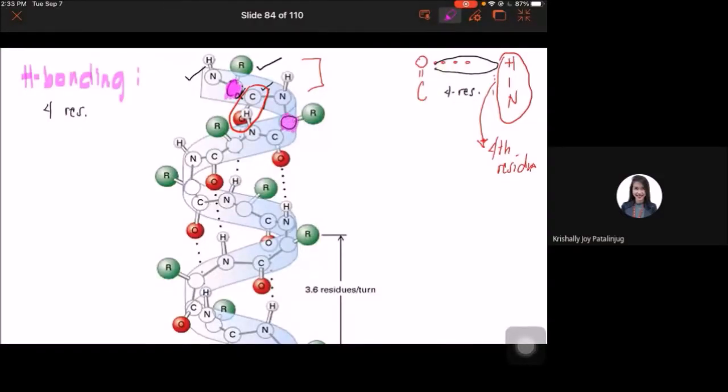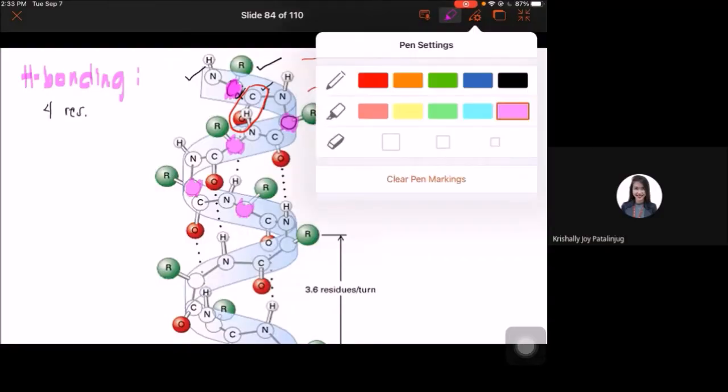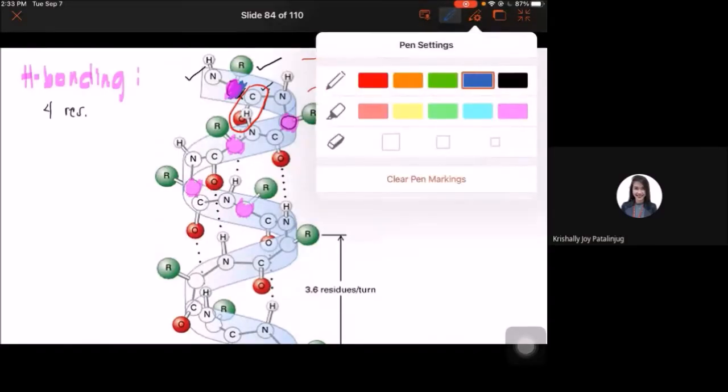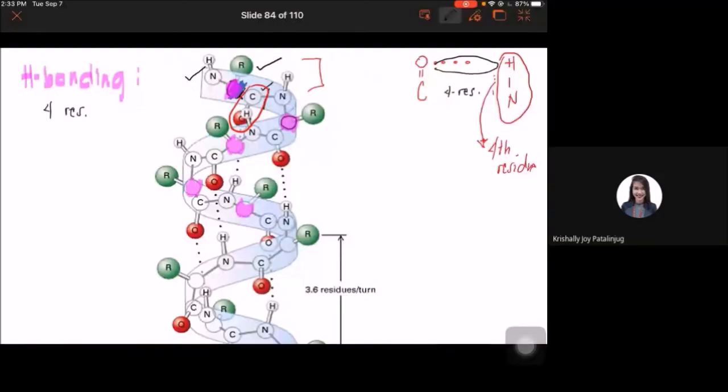Ito yung unang interval. Unang amino acid residue. Pangalawang amino acid residue. Pangatlong amino acid residue and we have here pang-4 na amino acid residue. Ibang kulay na lang yung starting point. Sige. So, from here, as you can see, focusing on this 4th.